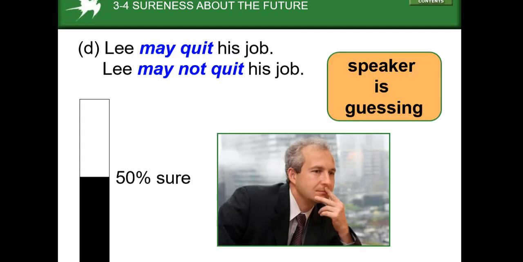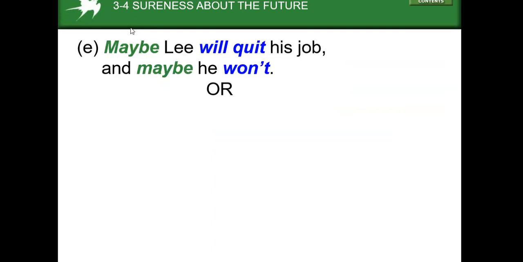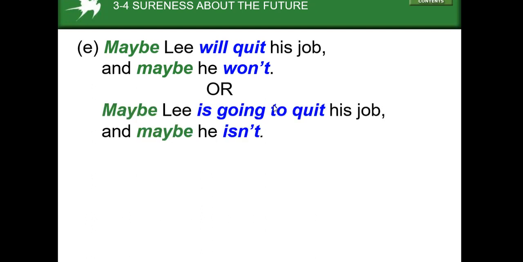Remember, may is a modal, okay? Lee may quit his job. And look at this, it's almost the same, but it isn't, okay? Maybe, tal vez, maybe Lee will quit his job, and maybe he won't. So it is 50% sure.